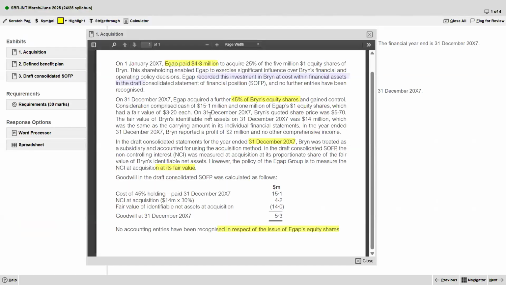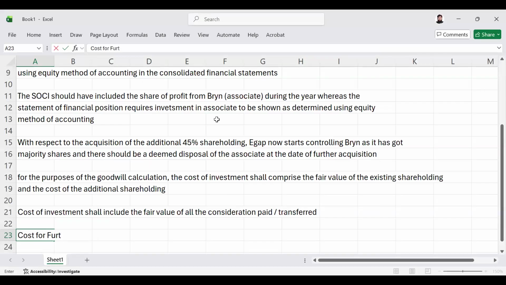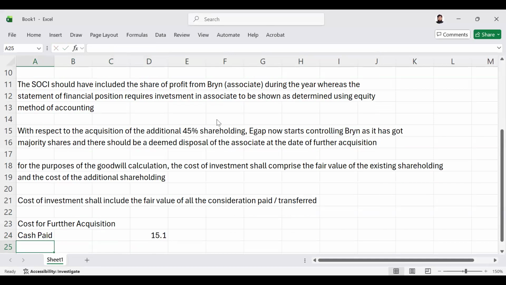So what is actually going to happen is that the cost for the further acquisition will be cash paid. Cash paid, how much? 15.1 million.